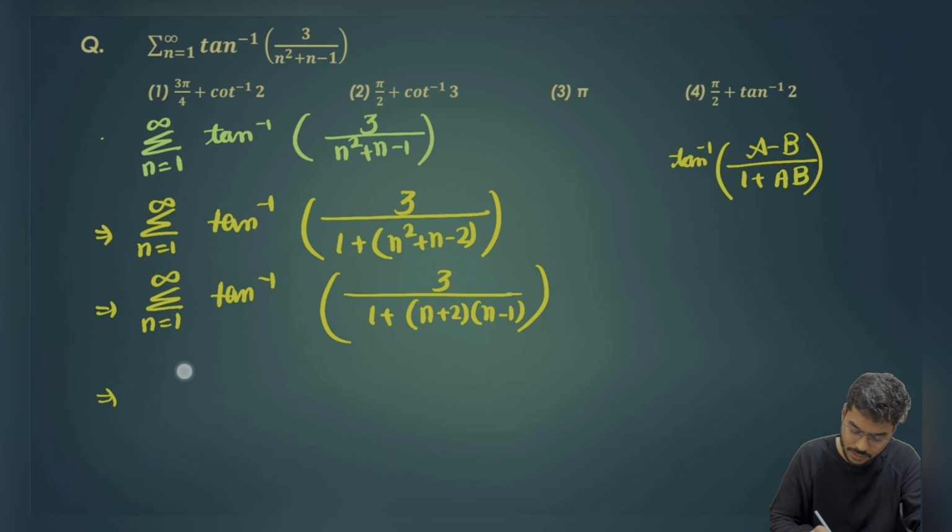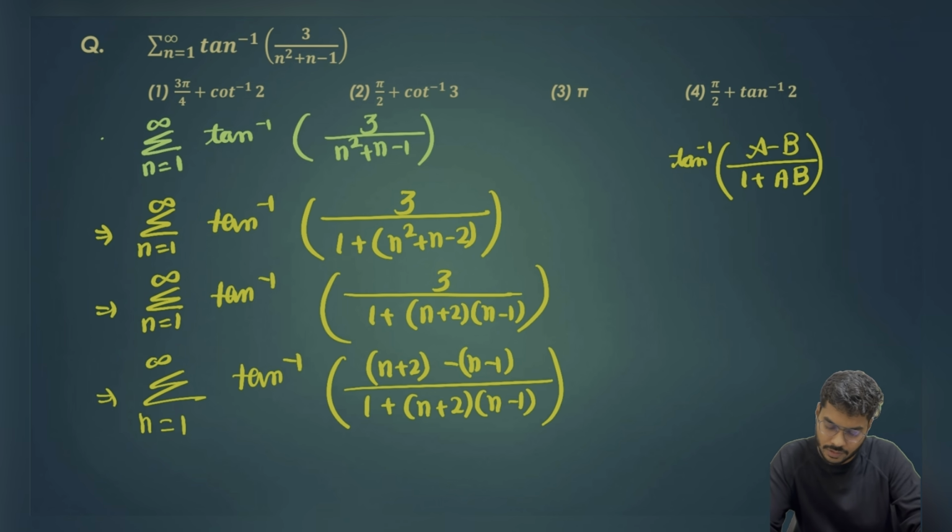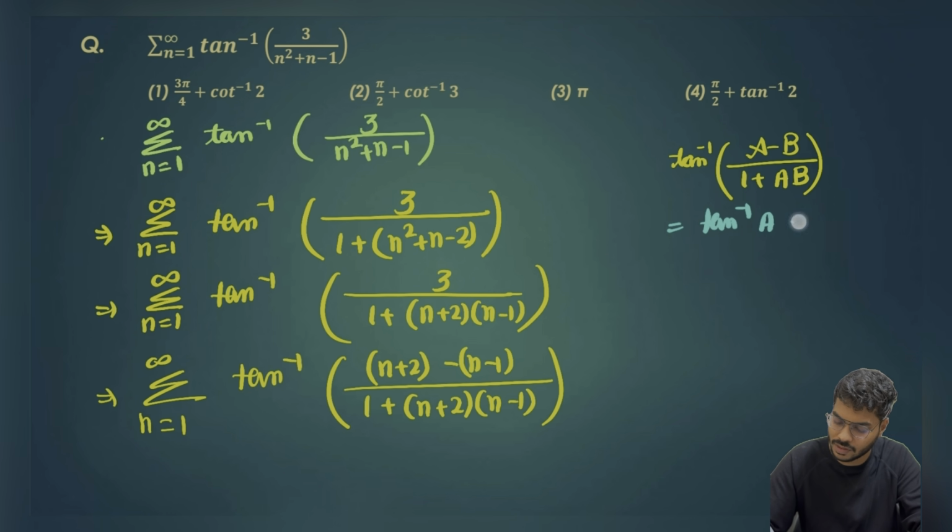So can I write the numerator as tan inverse n plus 2 minus n minus 1 upon 1 plus n plus 2 times n minus 1? Now I can use this formula. Which formula? Tan inverse a minus b upon 1 plus ab is nothing but tan inverse a minus tan inverse b. Use this formula.